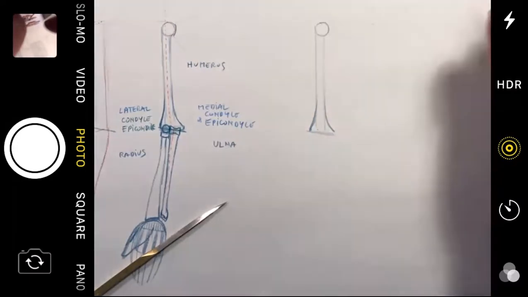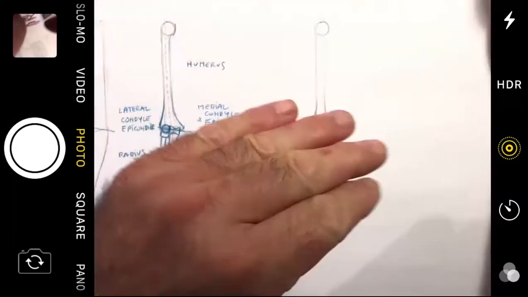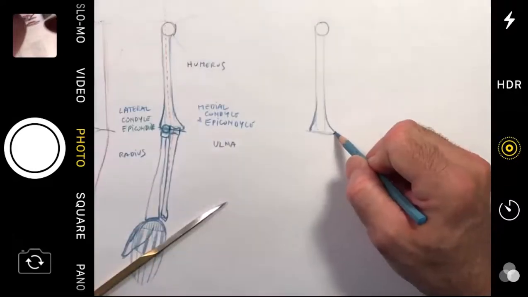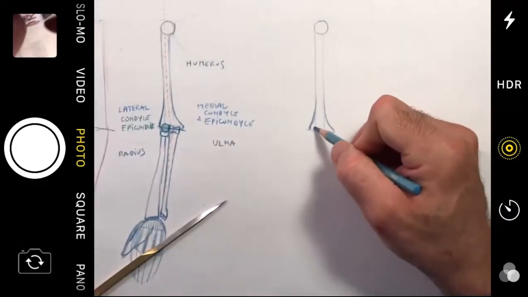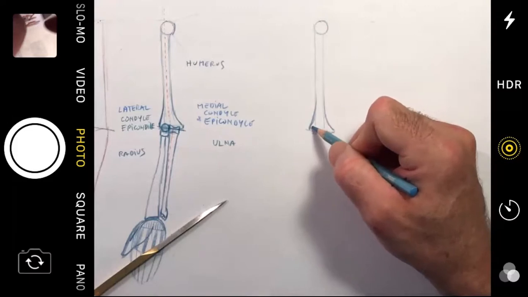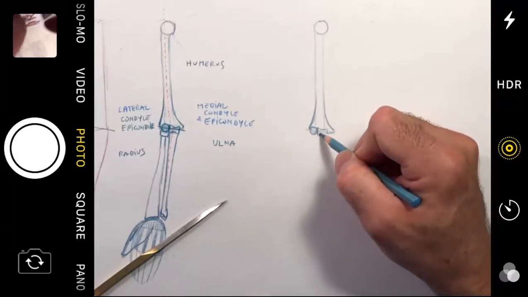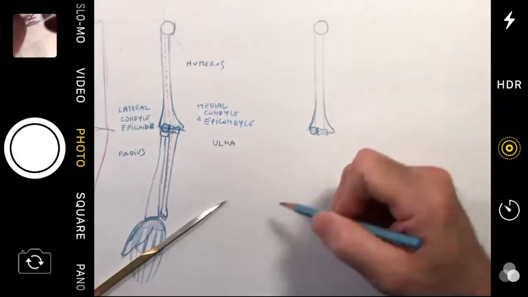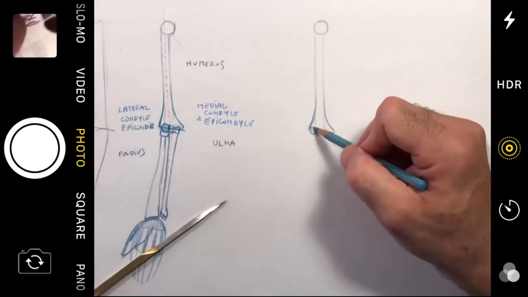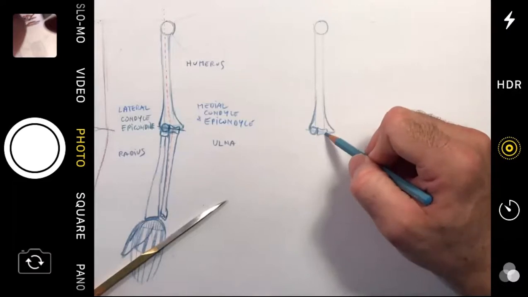Medial epicondyle is bumpy, right? It kind of comes out with a more pronounced point here. And then I'm going to have here the condyles, the lateral condyle and the medial condyle.